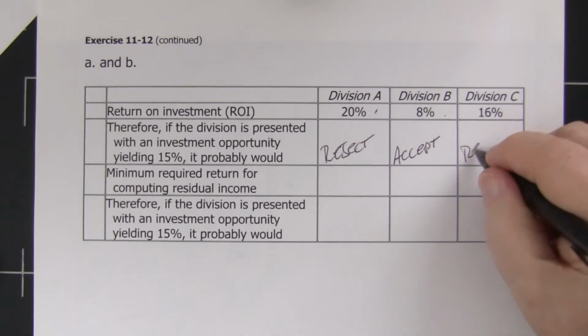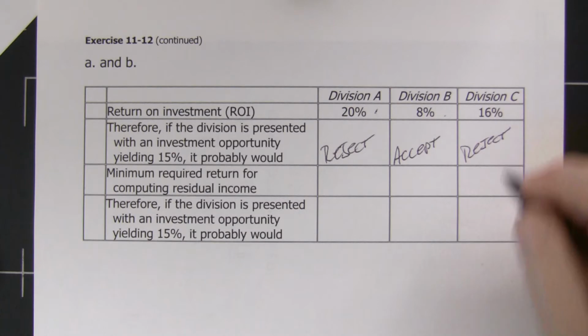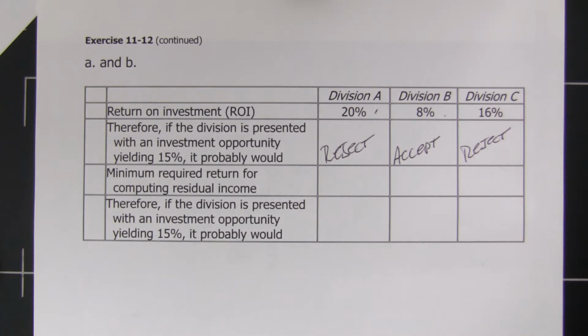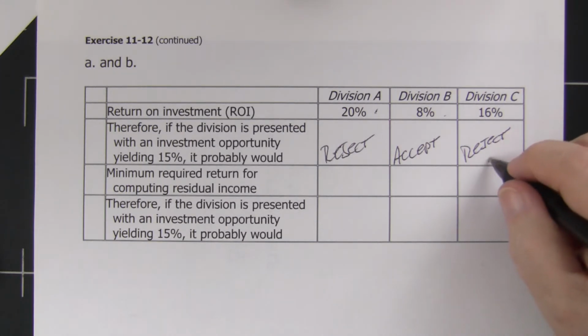They probably reject it because it's easier to make policy, to make decisions, and their policy says 16%. The division is returning 15%. They want 16%. So they would probably reject it because it's so close, but technically they should accept it.